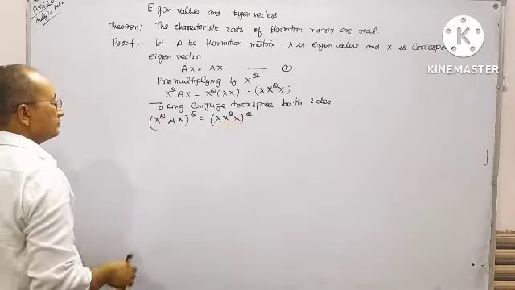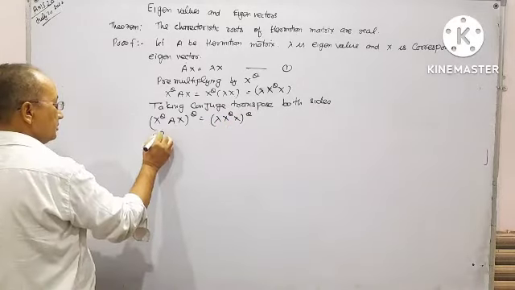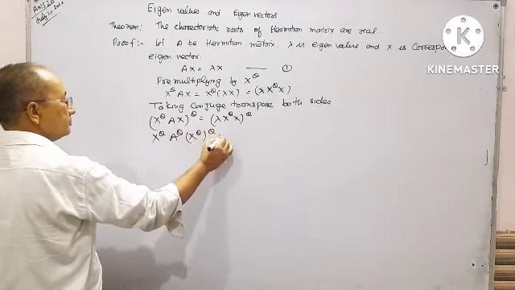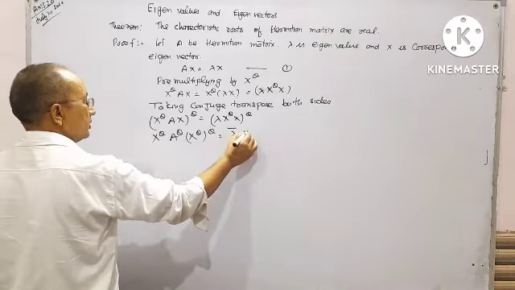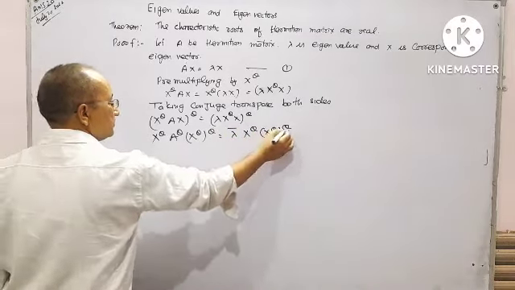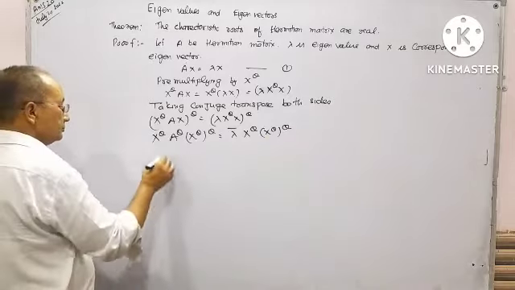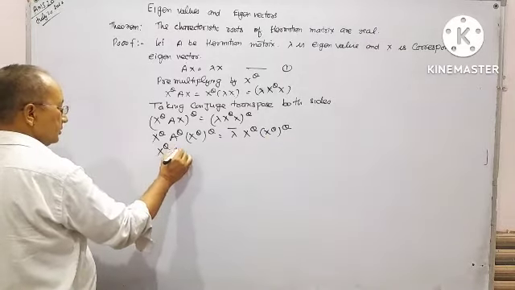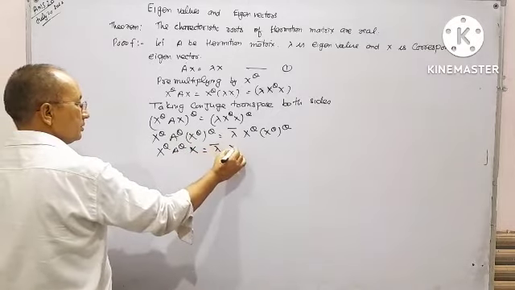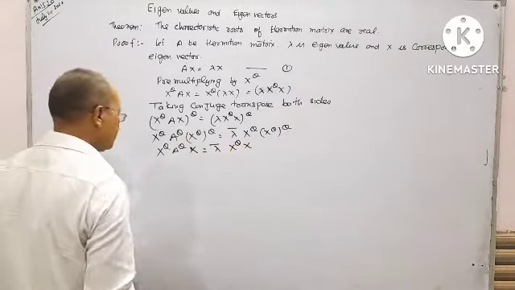That is, x theta A theta x equals lambda conjugate x theta x.